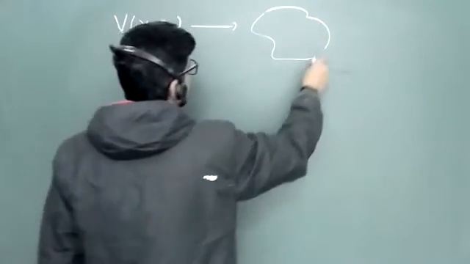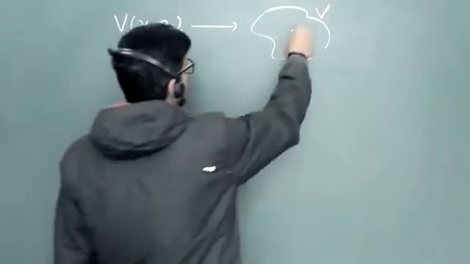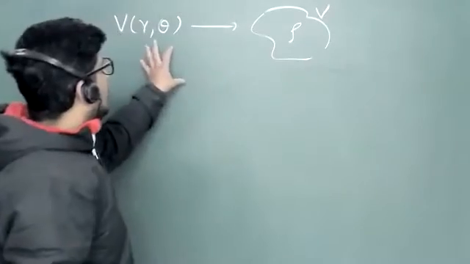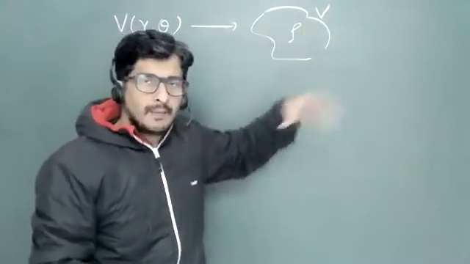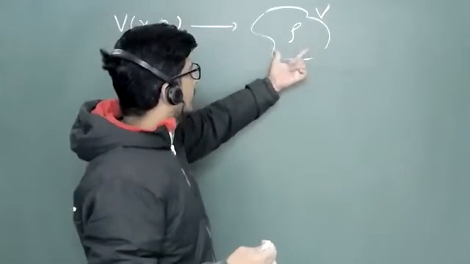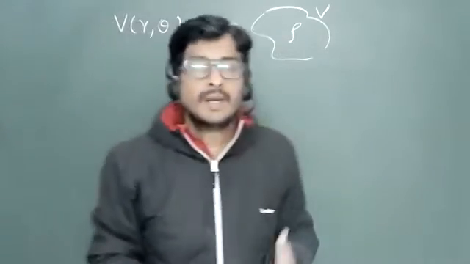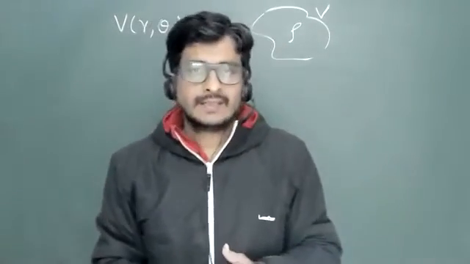Suppose this is some charge system in some volume V, right? Some charge density ρ. So information about the distribution of charge is hidden in this system, and if we want to take it out, what type of information is hidden? Let me first of all understand this.